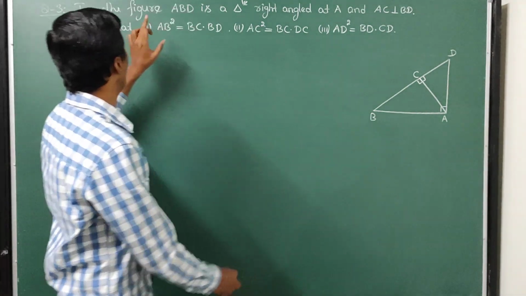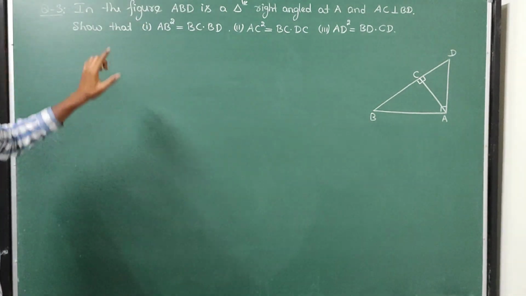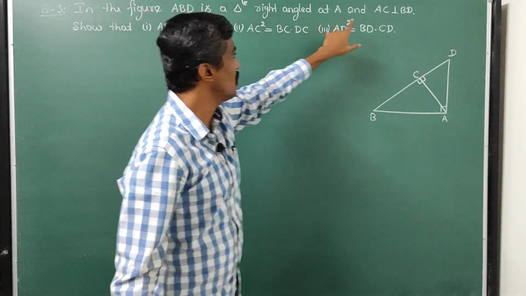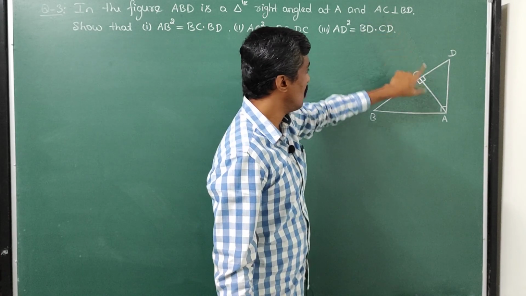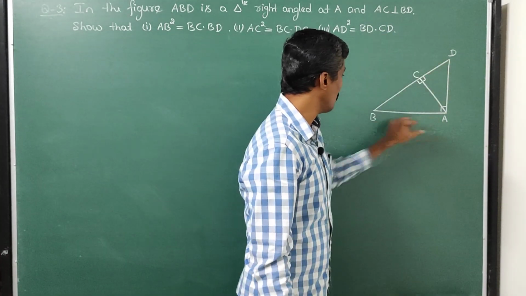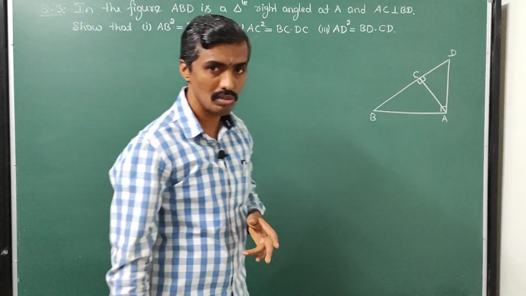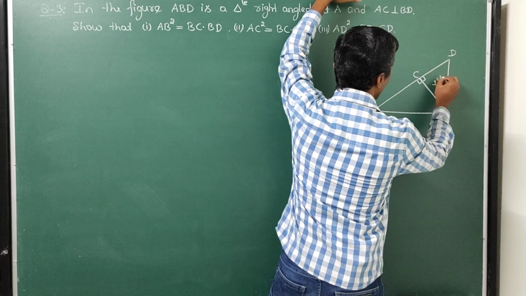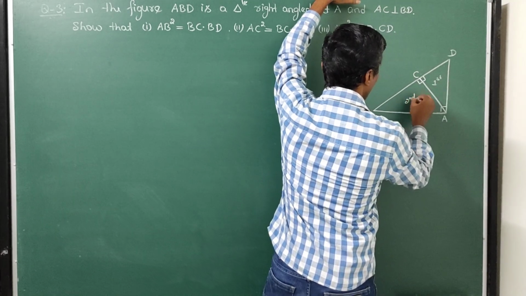So once again, it is similar to the earlier problem. Original triangle ABD is given. Then AC is drawn perpendicular to BD, so that our original triangle DAB is split into 2 triangles. I will name this as first part and this as second part.